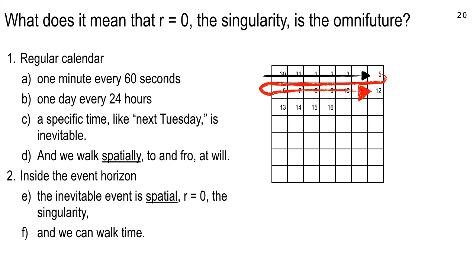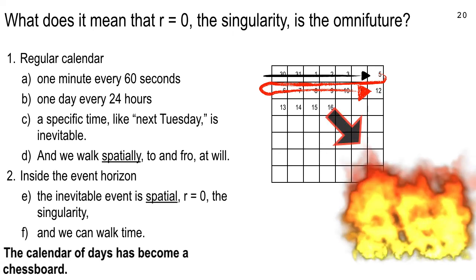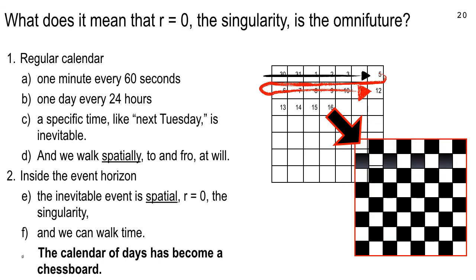The walkable dimensions now include time. And so for that reason, one way that you could talk about that tipped over light cone is that now the calendar of days has become a chessboard that we can walk across.